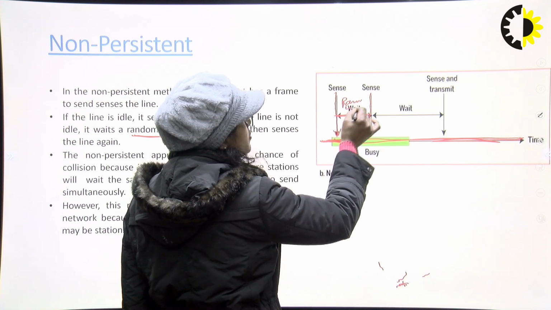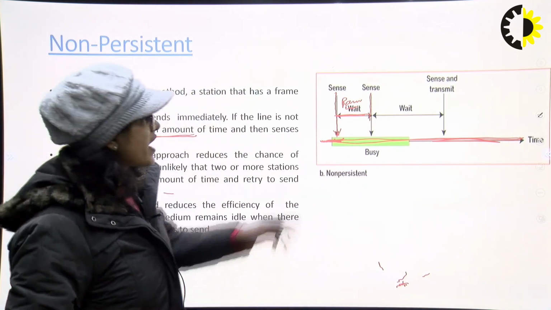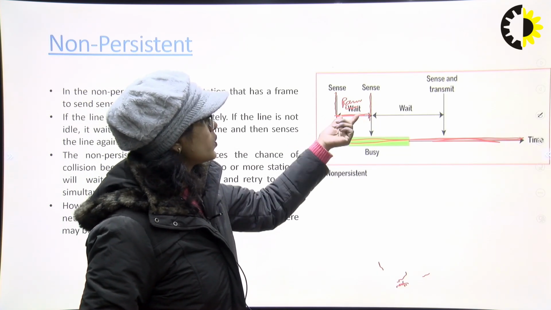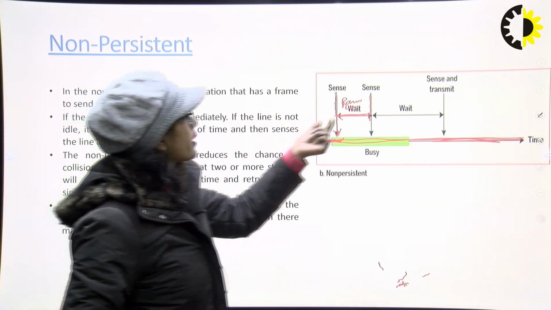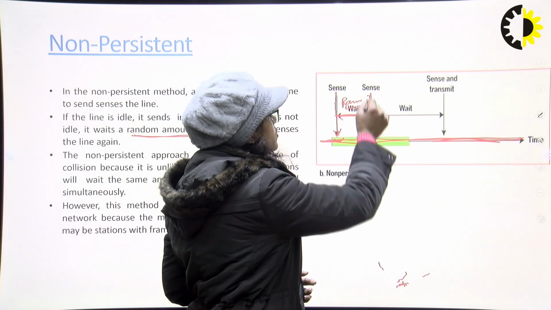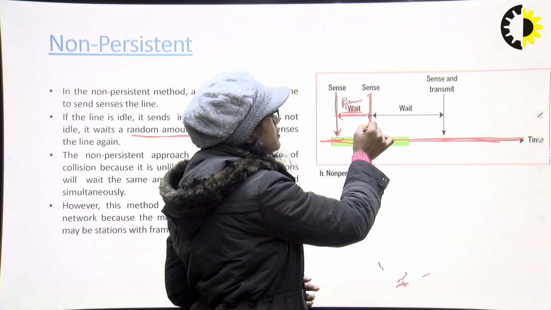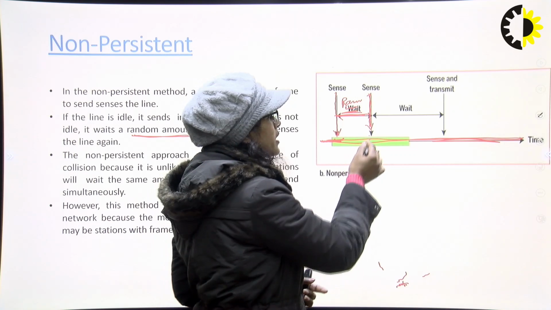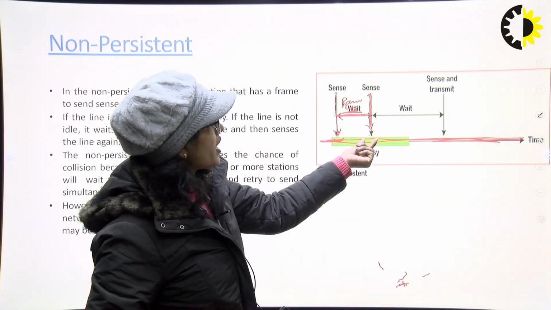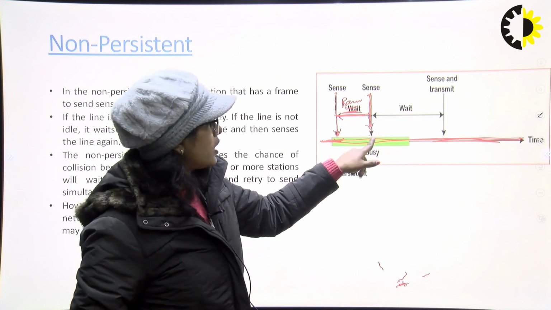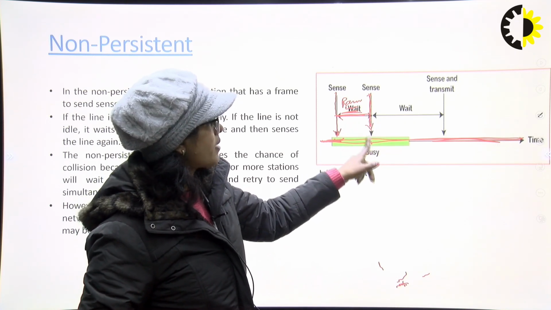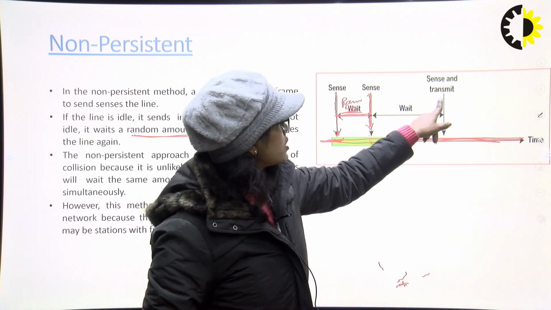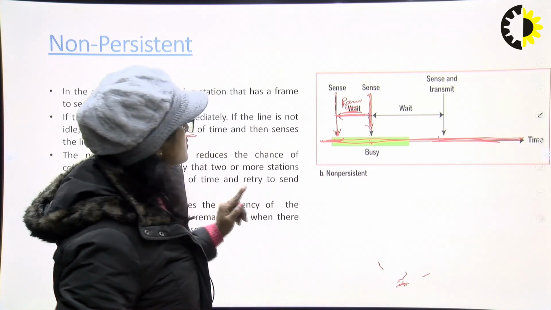This random time may be 5 seconds, 10 seconds, any varying interval you can decide. After this random time, the device again senses the medium to transmit the data. If at that time the transmission medium is also busy, then again the device waits for some random time. This is the basic approach in the non-persistent method.